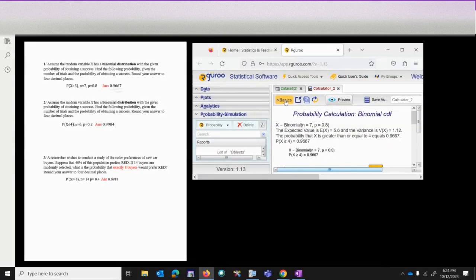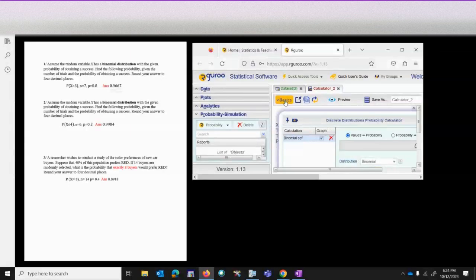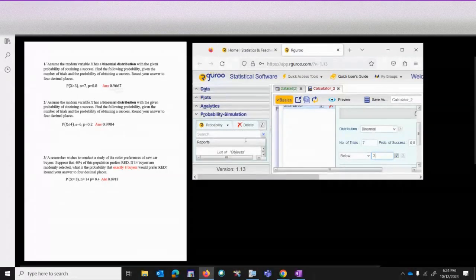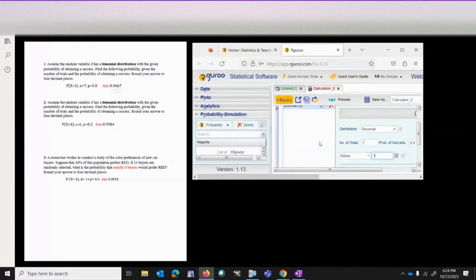The other way is to calculate the less than or equal to 3. You go to this one again and change it. If you use below, you change this to 3, because below 3 means less than or equal to 3. Then you subtract this from 1 to get the greater than 3.